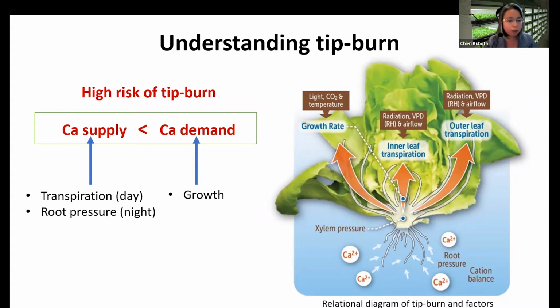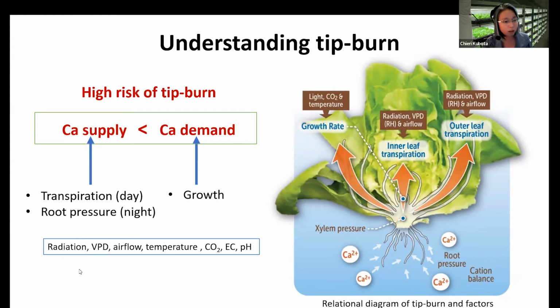As you know, transpiration and root pressure are the driving forces for the calcium supply to the growing young leaves. And calcium demand is coming from growth, right? As I said, for those functions, there are so many different environmental factors. That's why understanding tip burn is very, very complex.